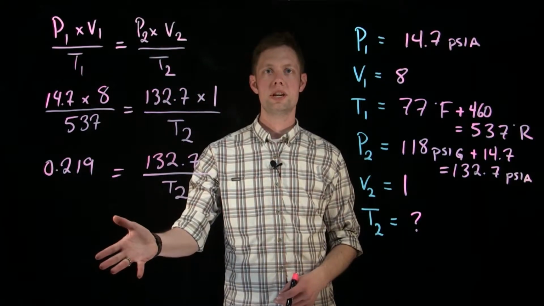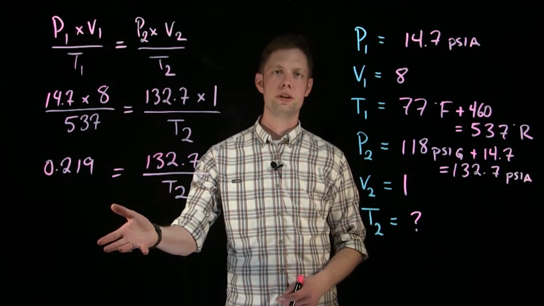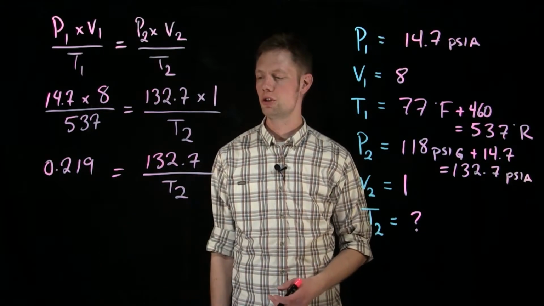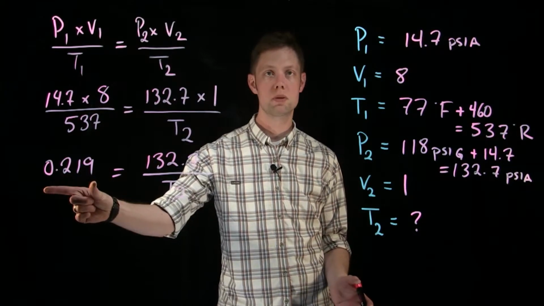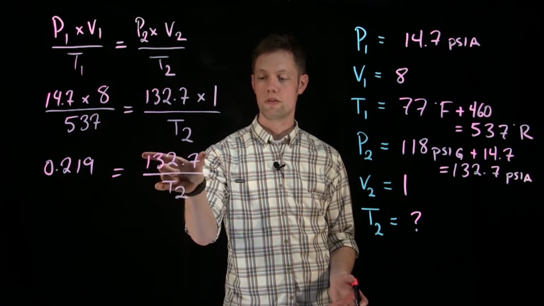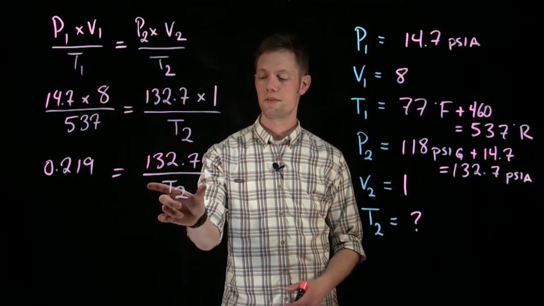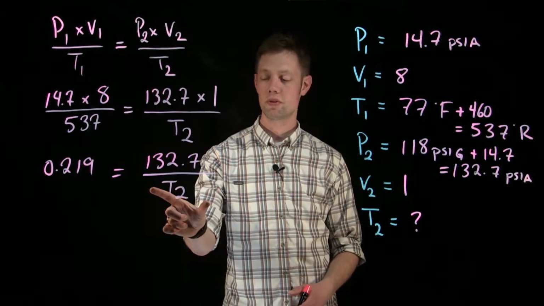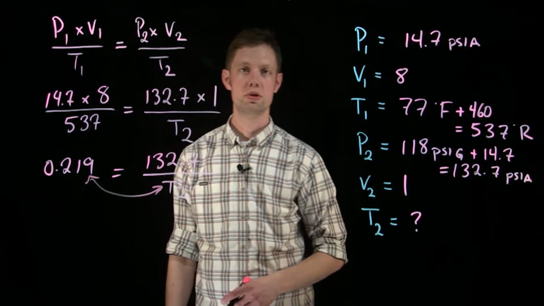The next step I would take to solve this problem, instead of doing hard algebra, the trick I would use, and it works for any type of formula that has one number on this side here, and where we have a variable on the bottom and the number on the top of a fraction. If the variable is on the bottom of the fraction, switch places here with those two.